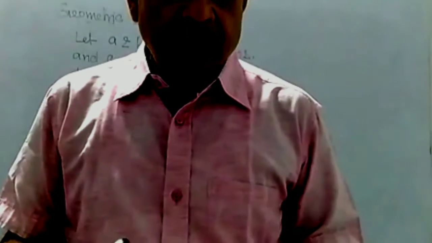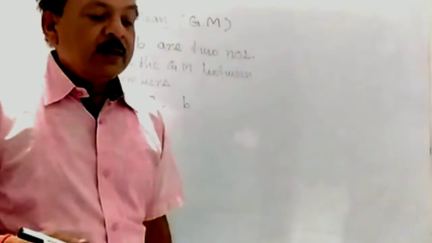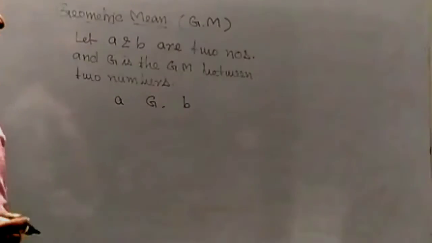If A, G and B form the geometric progression, then what happens?